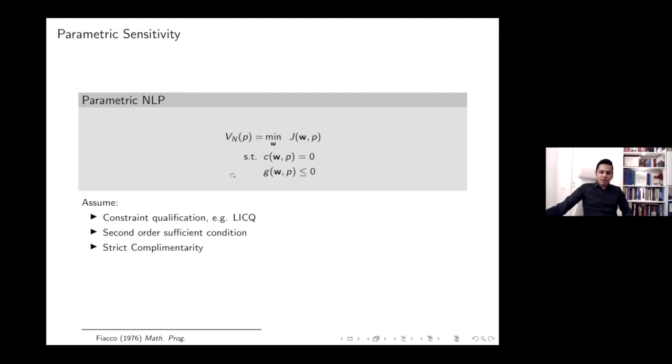So if we have some conditions, such as some constraint qualification, some second order sufficient condition, and strict complementarity, then it turns out we can actually say this nicely, right?